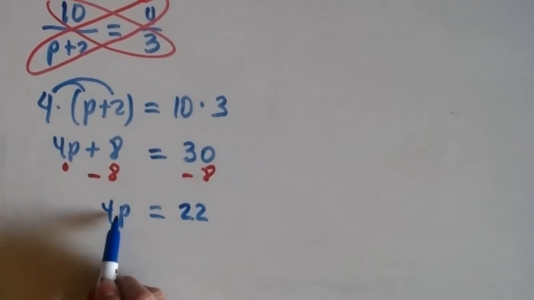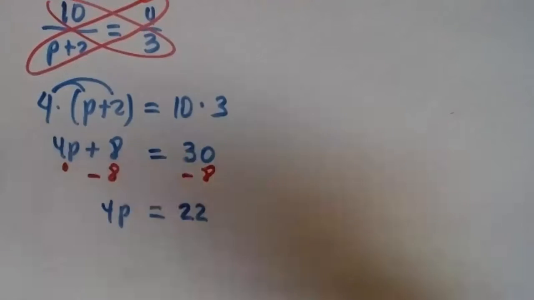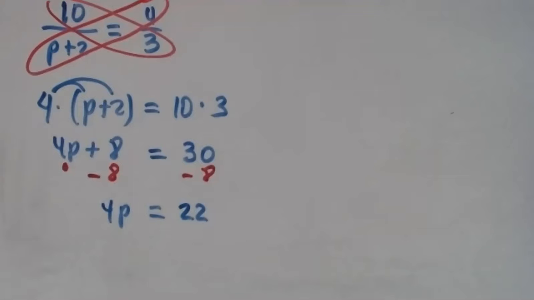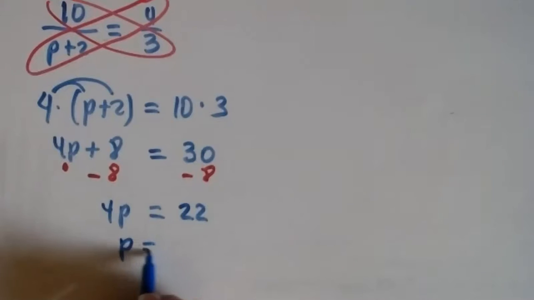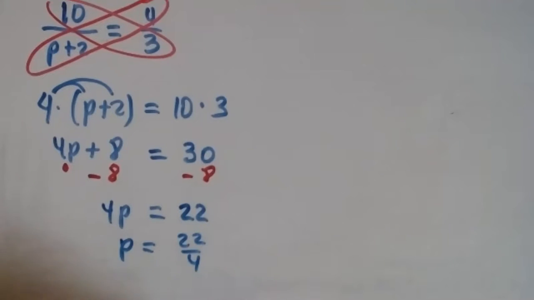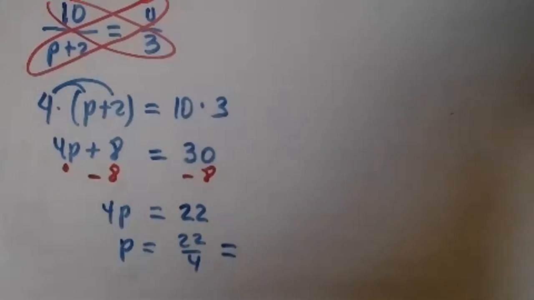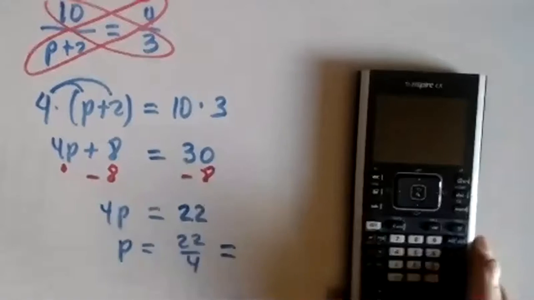You are multiplying by 4, correct? Yep. So you divide by 4. So p equals 22 divided by 4. Okay. No problem, because you have the calculator.